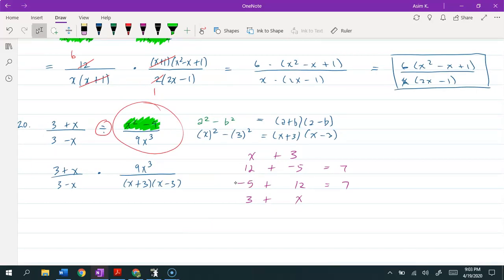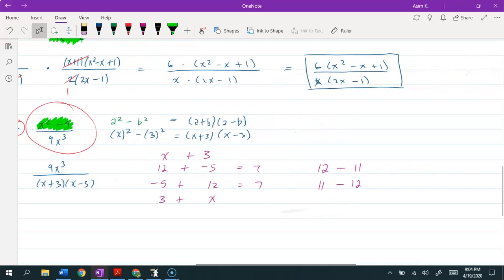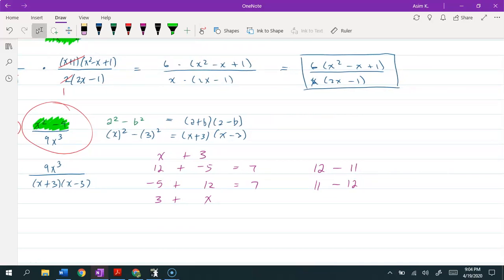But what if I said 12 minus 11 and 11 minus 12. Now, is 12 minus 11 going to give you the same answer as 11 minus 12? No, it's not. One of them is going to be a negative, the other one's going to be a positive. And so this becomes a major issue for students who don't understand this algebra.